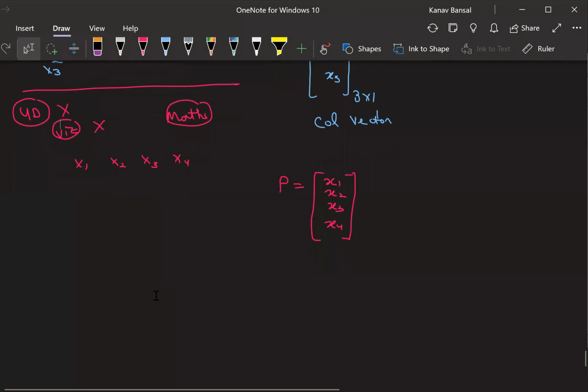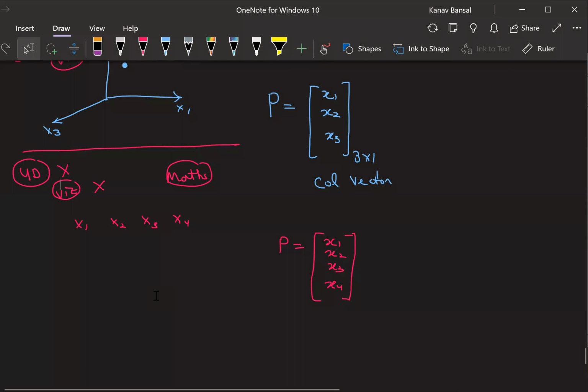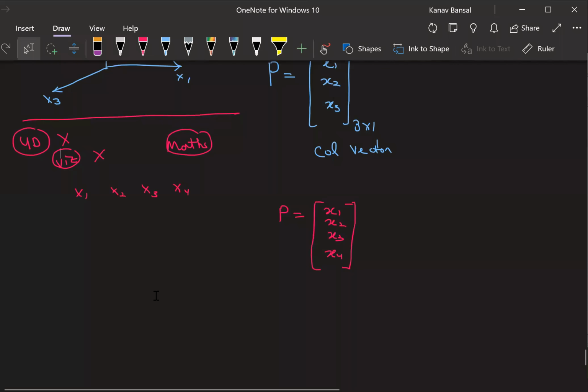So is it clear to everyone? Using mathematics, you can go beyond three dimensions. We'll come to that, Aarti, just wait for some time. We are just looking at the basics.